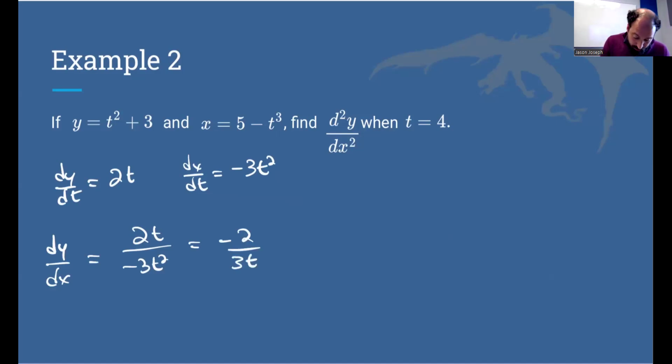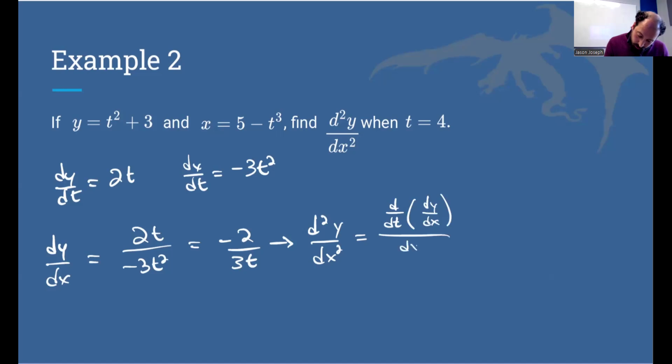Now, for the second derivative, we're going to reuse quite a bit of that information because we're going to take the derivative with respect to t of dy dx and do all that over dx dt. I already know dx dt from the first time around. That's negative 3t squared.